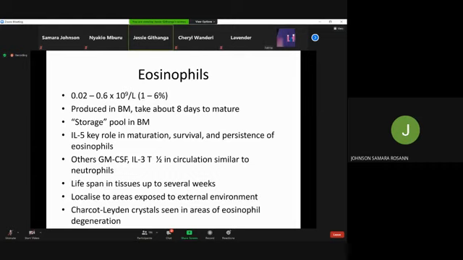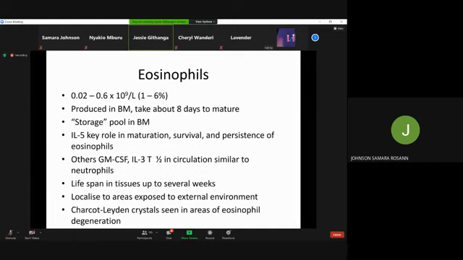This is very similar to that of neutrophils. However, the lifespan in tissues of eosinophils can be up to several weeks, and like that of the neutrophils, which tends to be a few hours to days, in the tissues for the eosinophils, it takes up to several weeks and they can persist.